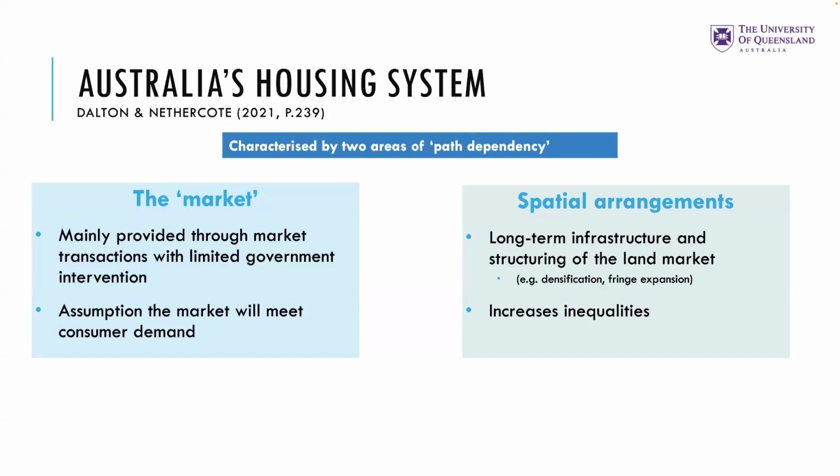Alongside this, there is fringe expansion where new land is often opened up on the edges of existing areas. We can think here of the new land release signs you might see when driving to Logan or towards the Gold Coast.